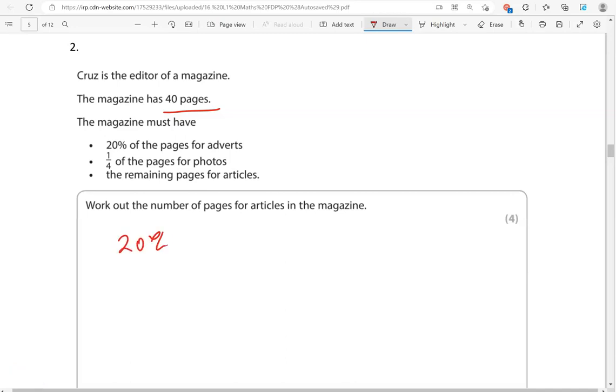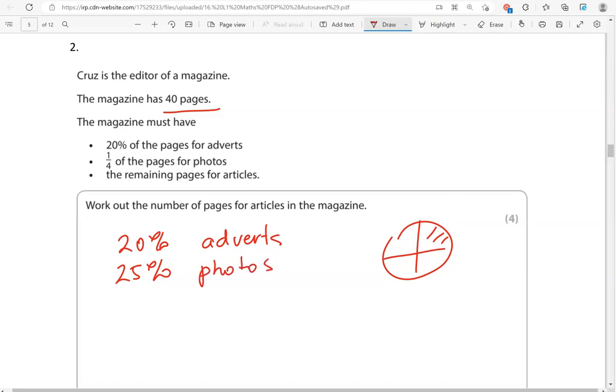So we have 20% adverts. A quarter, as a percentage, that is 25%. And that is photos. And then we have the remaining pages for articles.